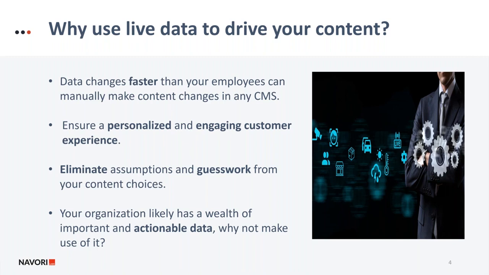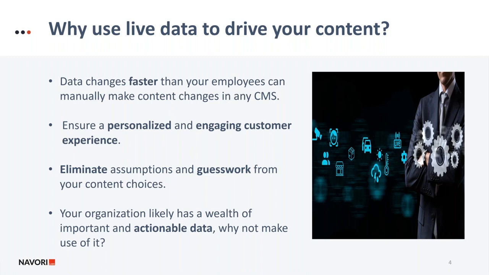Third point, eliminate assumptions and guesswork. Okay, so it's difficult to predict, whether you're in corporate communications, retail, quick service restaurants, it's difficult to predict who your customers are going to be on any given day. Okay, you can analyze statistics, data.